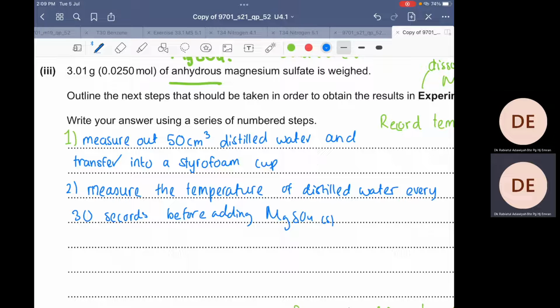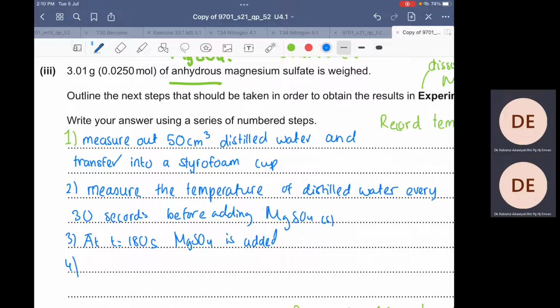Okay? And then at T equals to 180 seconds, what happens? What happens at T equals to 180 seconds? So you look at the graph, what happens after T equals to 180 seconds? The temperature goes up, right? So that means the reaction must have started, okay? So at T equals to 180 seconds, magnesium sulfate is added.